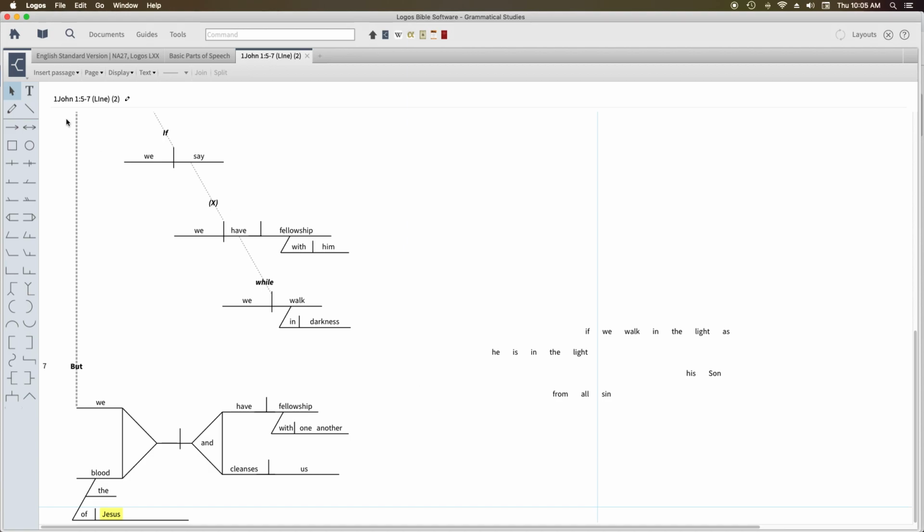So what we do is we take the text tool and just put an equal sign because it's equaling something else. So in this case, Jesus is equal to son.